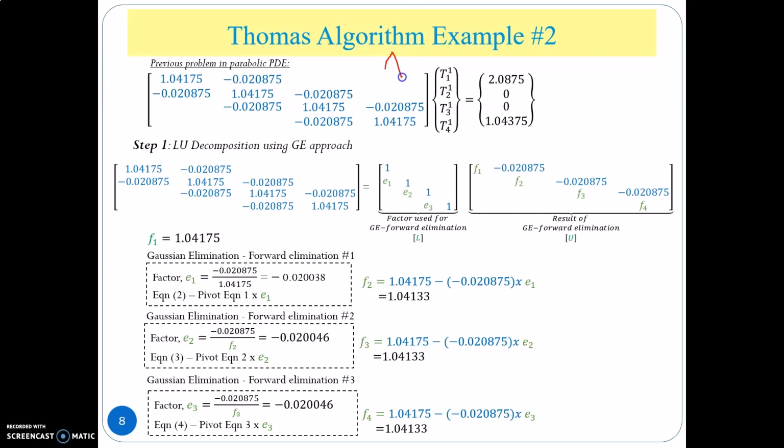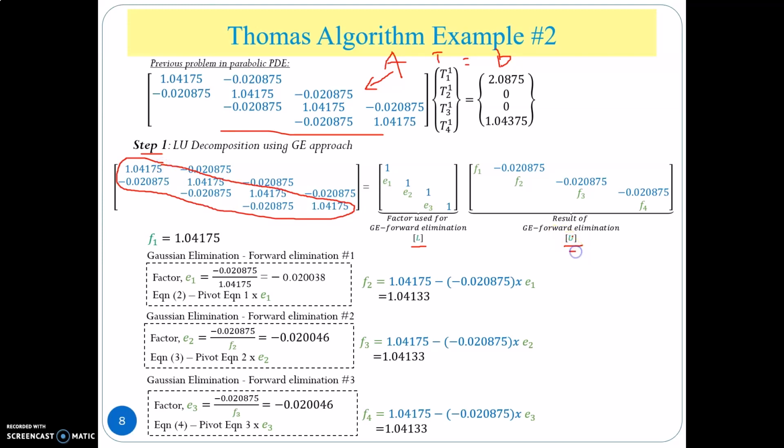In this case, we have the matrix AT equal to B, where A is the system matrix, equal to this. In the first step, we are going to perform the LU decomposition of this tridiagonal matrix, and we only perform the forward elimination in this region only.